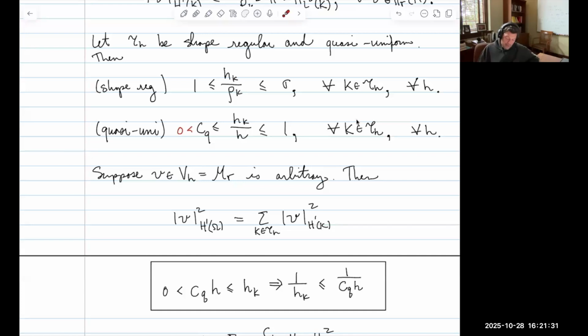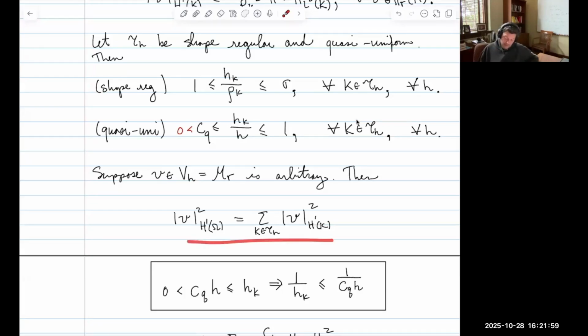But notice that I can write this H1 seminorm over the whole domain omega. If I square this norm, I can write this as the sum over triangles of these H1 seminorms squared over individual triangles. So if you're doing an integral over all of omega, I can break that integral into subintegrals over the smaller mesh pieces, the triangles.